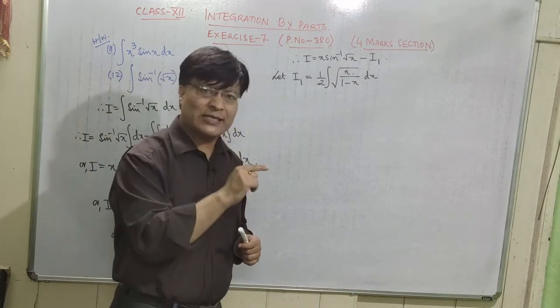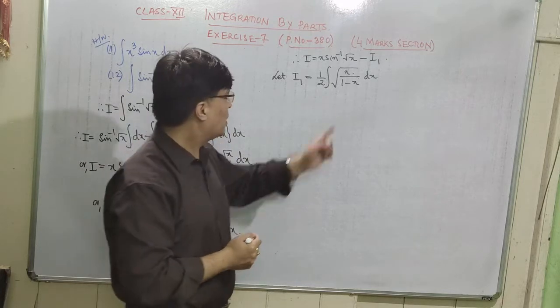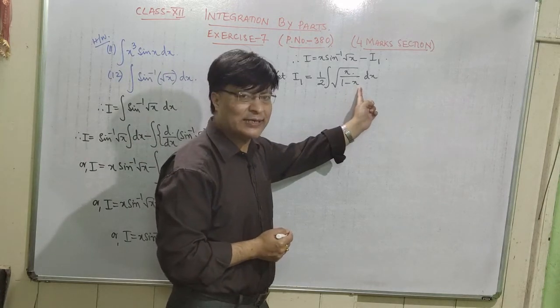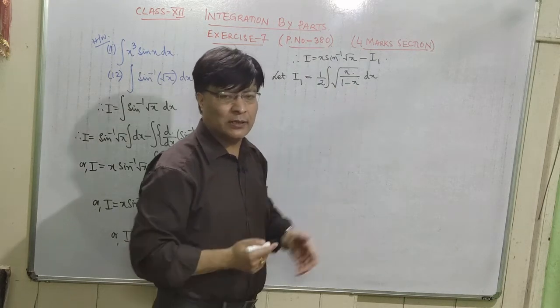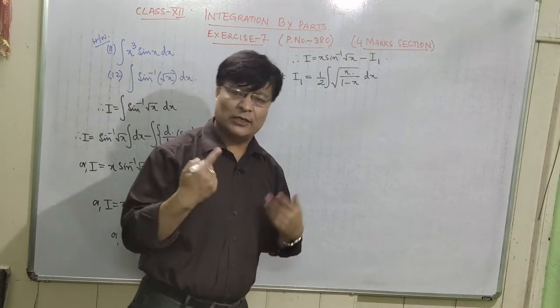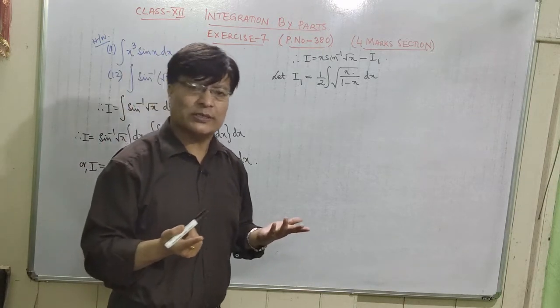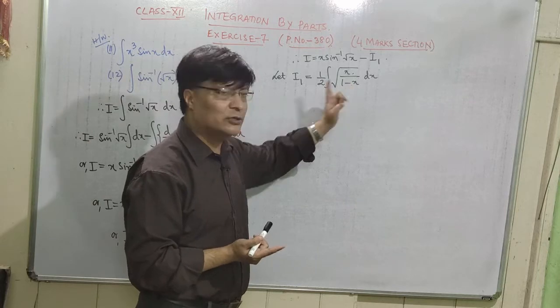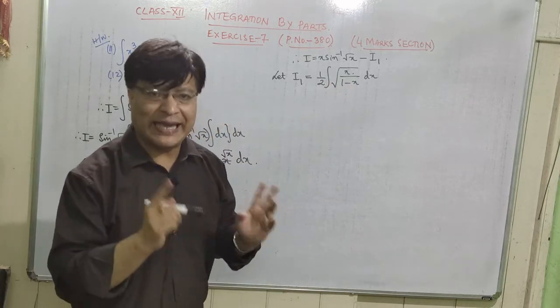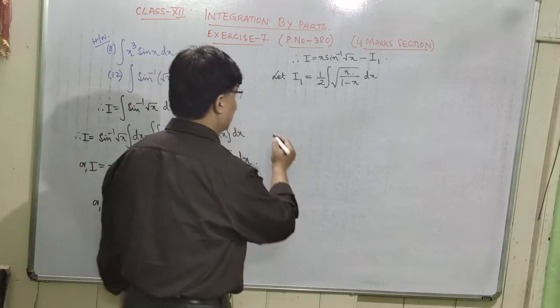So by putting x is equal to sine square theta. If you put x is equal to sine square theta here, it will be 1 minus sine square theta, and its formula is cos square theta. You can easily take the square root of cos square theta, which is equal to cos theta. Okay, so we can put here trigonometric substitution as x is equal to sine square theta.